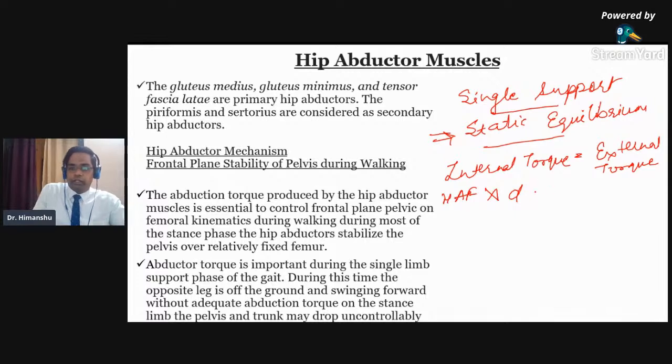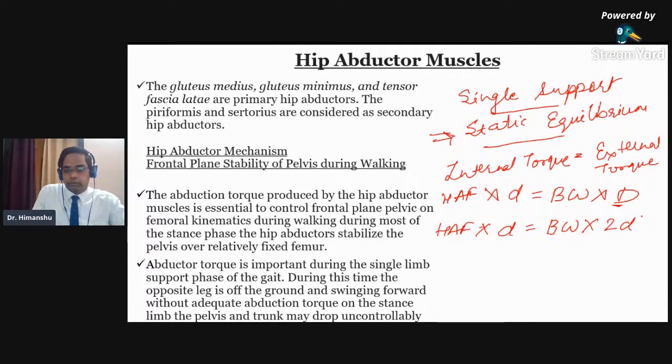And the external force generating the external torque is your body weight. So body weight multiplied by capital D is the external torque. Now we know that this capital D is double the internal moment arm. So can I write it like this: hip abductor force multiplied by small d equals body weight into 2d. We can do that.